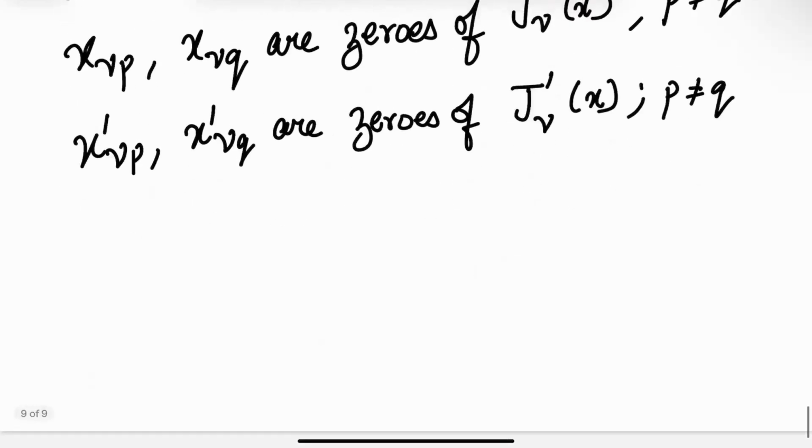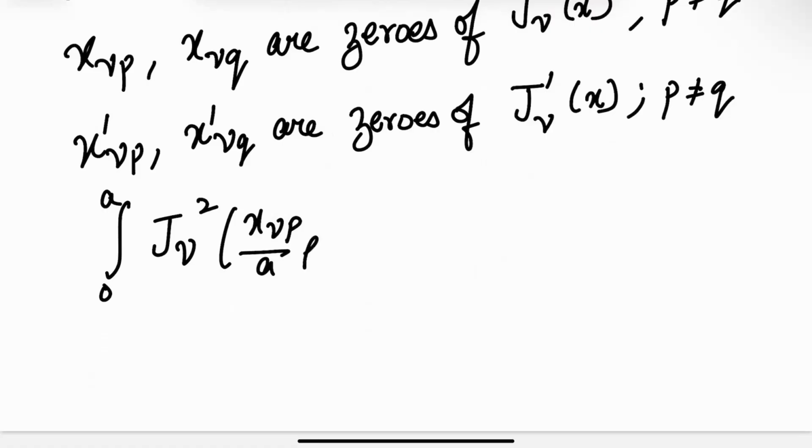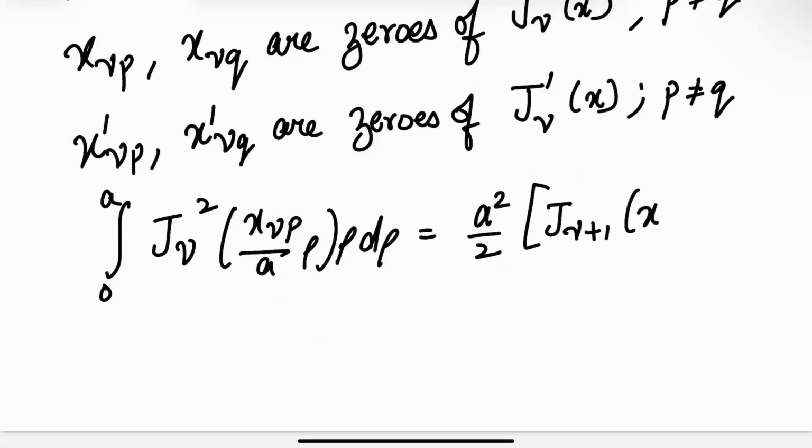Okay, when p is equal to q, you have a slightly different relation. So this reduces to the integral of J_ν²(x_νp ρ/a) ρ dρ, and this becomes (a²/2) J_{ν+1}²(x_νp).